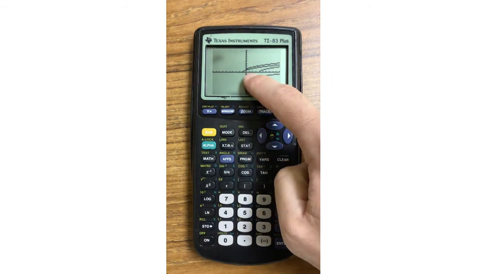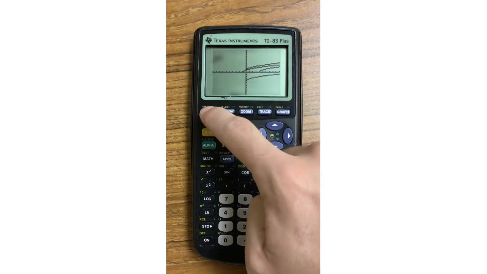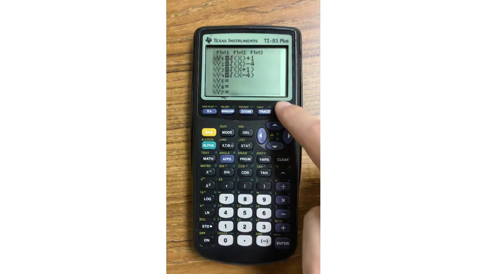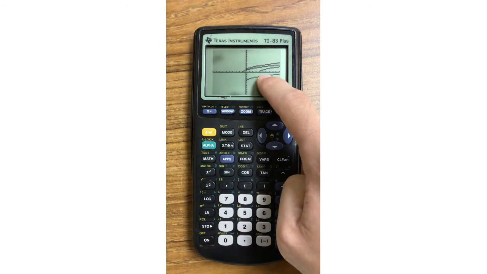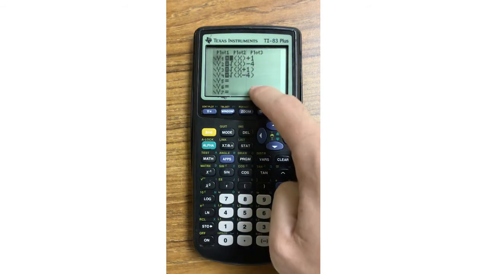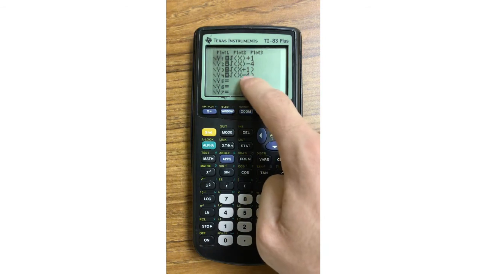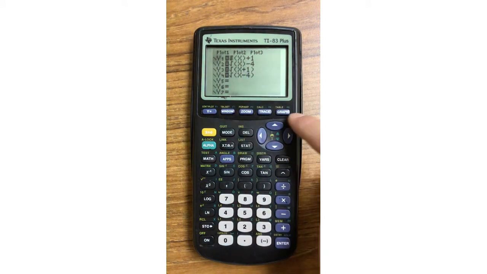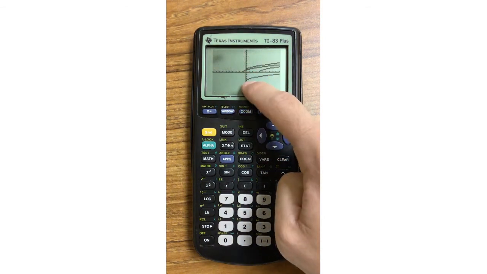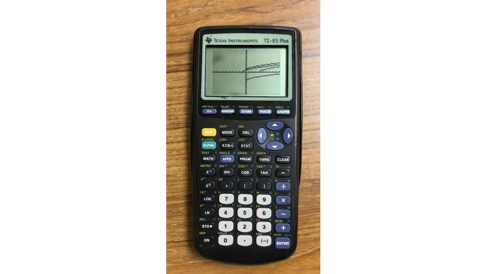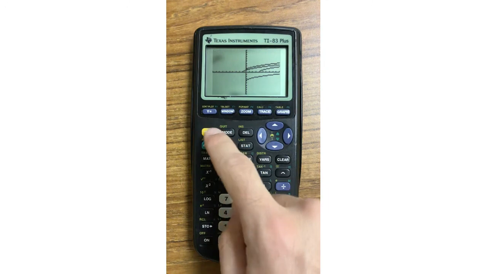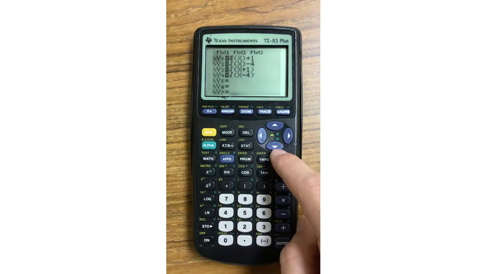X minus 4 inside the radical moved it to the right 4. And then x minus 4 outside of the radical moves it down 4. Okay, so that's important to know. And we're going to move right on here to the next few problems.